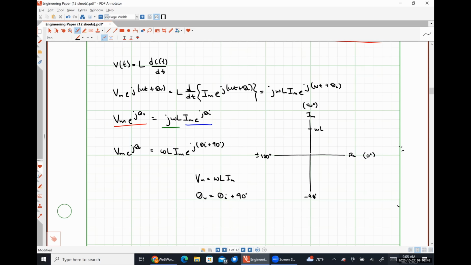So what we have just stumbled into here is that for an inductor, the voltage will always lead the current by exactly 90 degrees, or conversely, the current will always lag the voltage by exactly 90 degrees. You guys are actually going to figure this out in a lab next week.